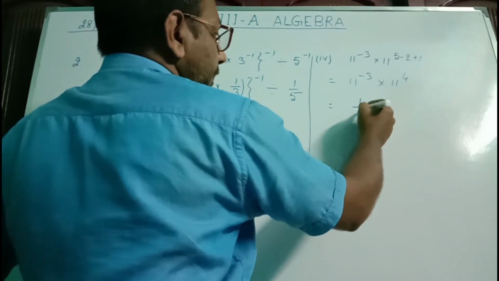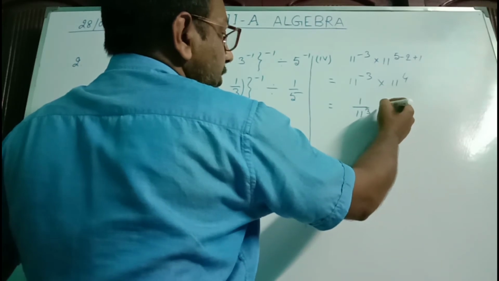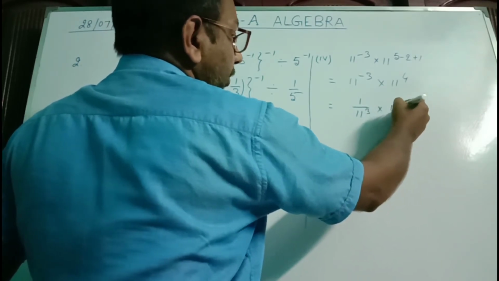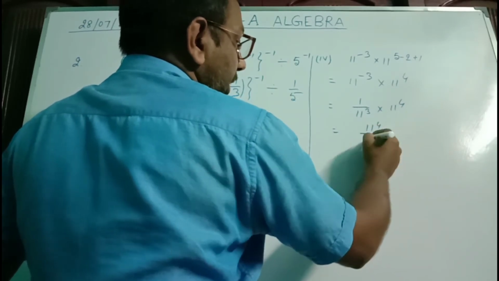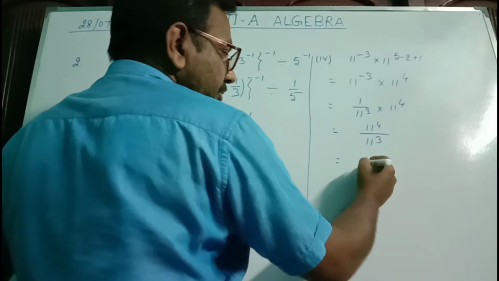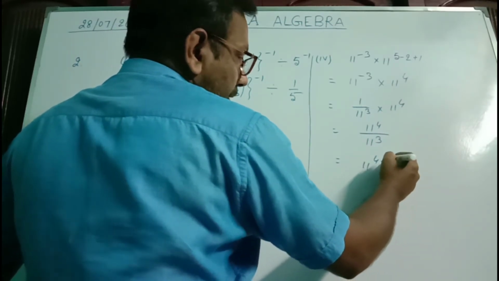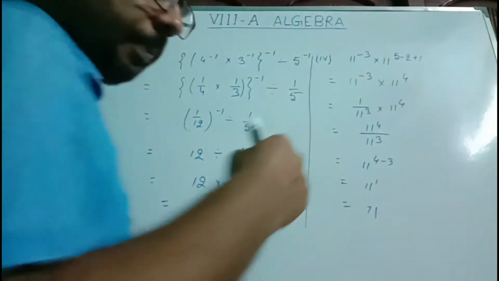So this became 1 by 11 to the power cube into 11 to the power 4. So what are we seeing? 11 to the power 4 by 11 to the power cube. These two are in the form of division while the bases are the same, so the powers will be subtracted. 4 minus 3 equals 11 to the power 1, equals 11.